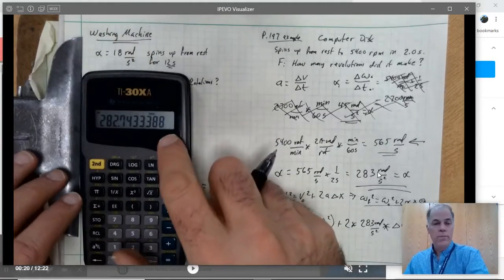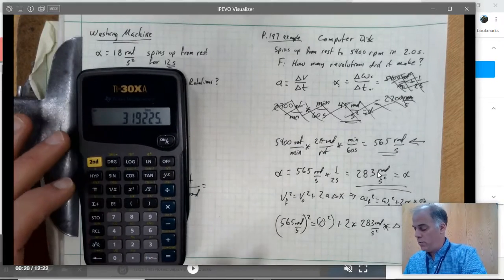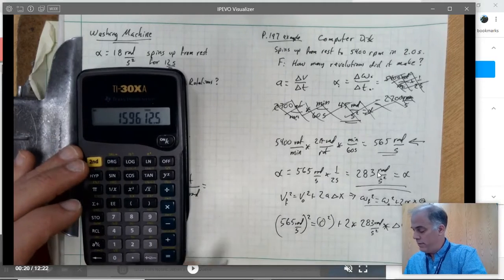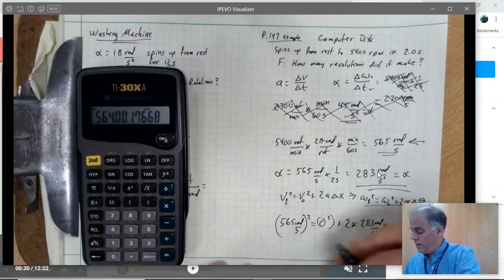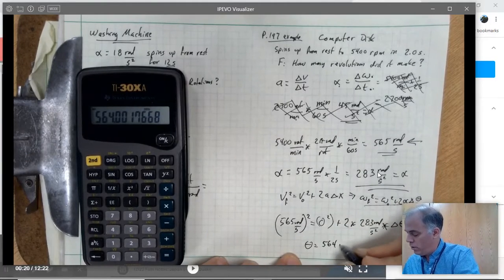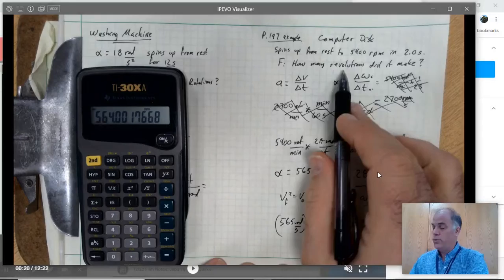Okay, so do the math. 565 squared divided by 2 divided by 283, and we wind up with theta equals 564 radians. Okay, now we don't want radians, we want revolutions.